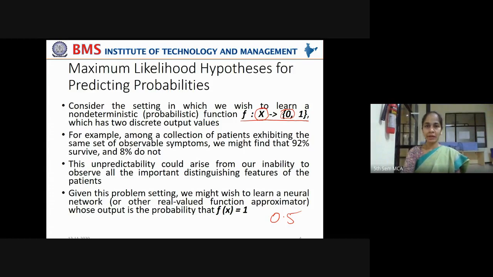And all the prediction probability values falling above 0.5, you can assign to the positive class, that is 1. That is called a non-deterministic or probabilistic approach. Whenever you are assigning a data point or a training example to a particular class, you are doing it with some probability, with some likelihood, right?